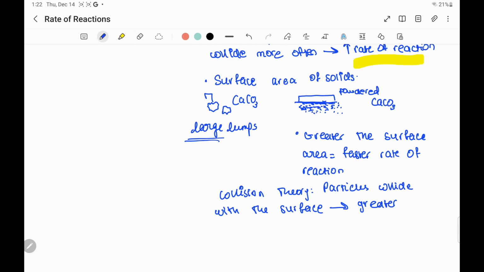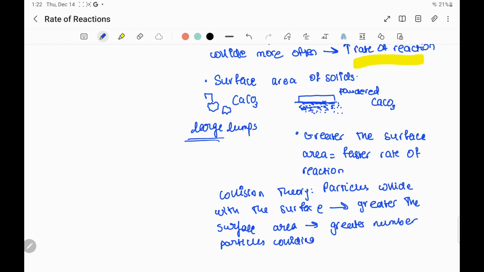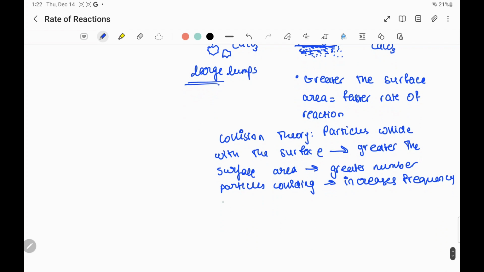So the particles collide with the surface, and the greater the surface area means a greater number of particles colliding, which increases frequency of collisions, which in turn increases the rate of reaction.